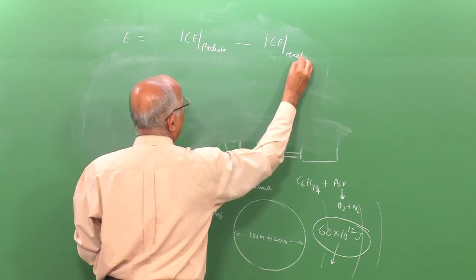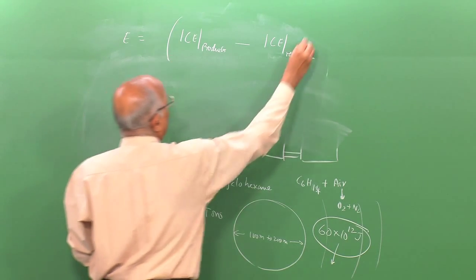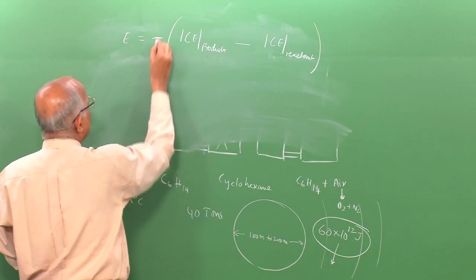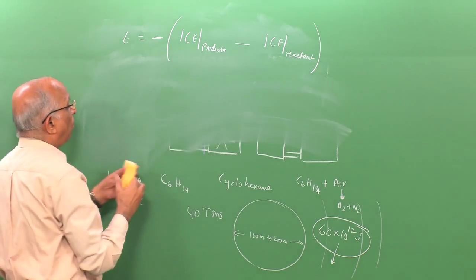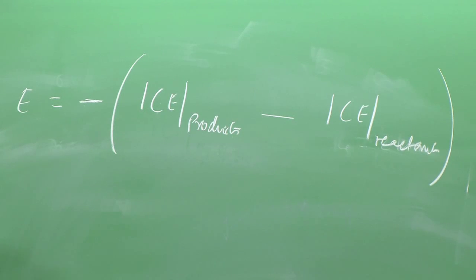To deliver energy, it must decrease, so energy in joules is given by the negative of ICE for the products minus the internal chemical energy of the reactants.